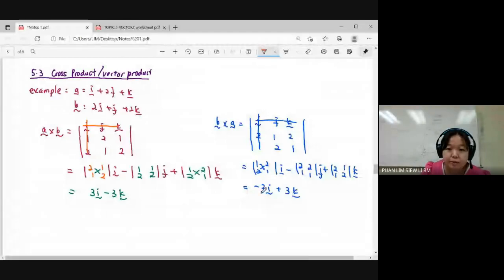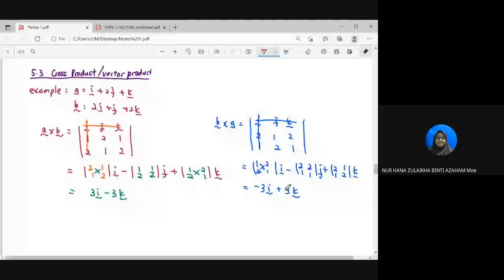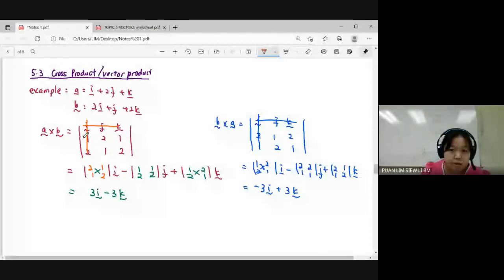Betul tak? Oh, okey. A darab B. Bila B darab A, so you kena masukkan nilai B dulu diikuti dengan A. So you akan dapat jawapan sebiji macam ni. Betul?